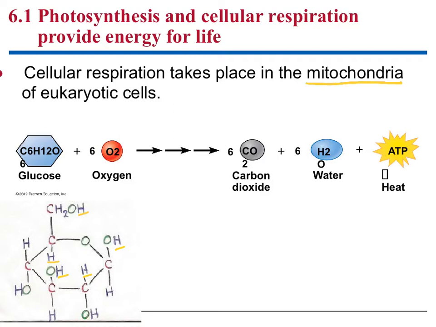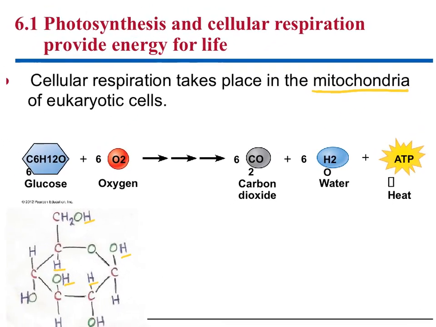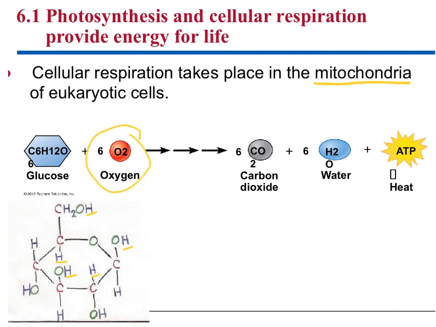So we start out with that molecule of glucose, and in the presence of oxygen, we need to have that oxygen present in most cases. What we're really looking for is ATP, but water is a byproduct, and carbon dioxide is a byproduct.